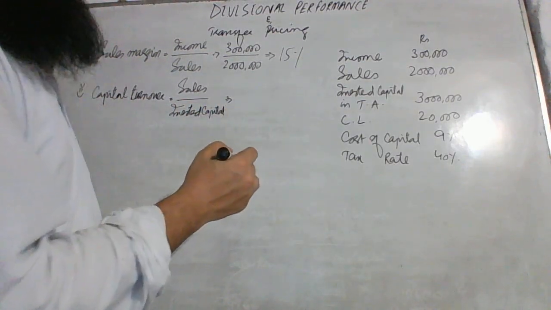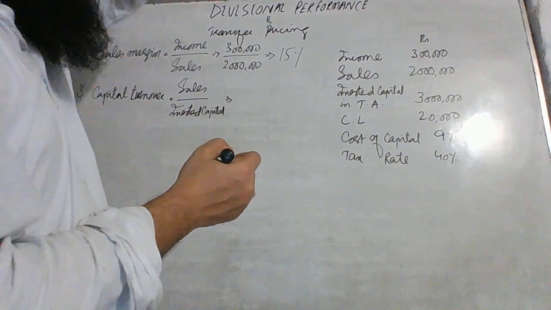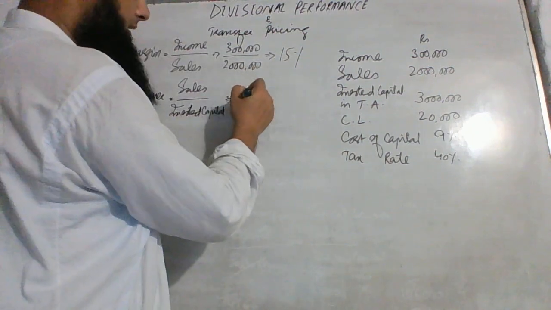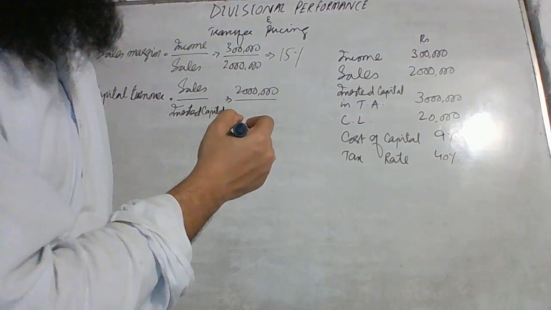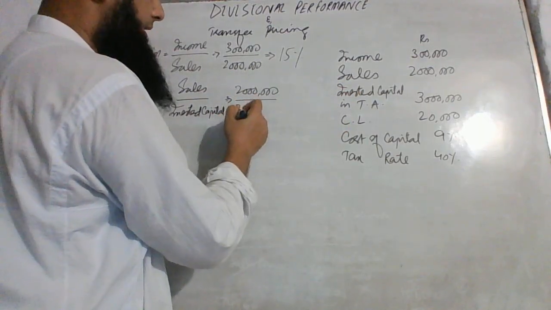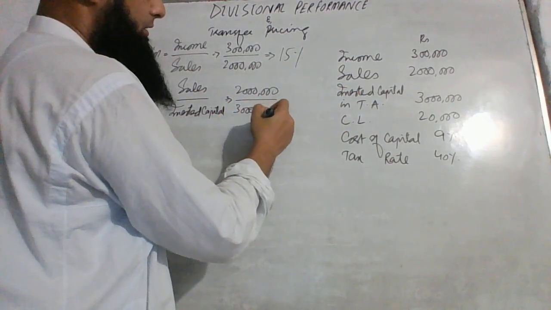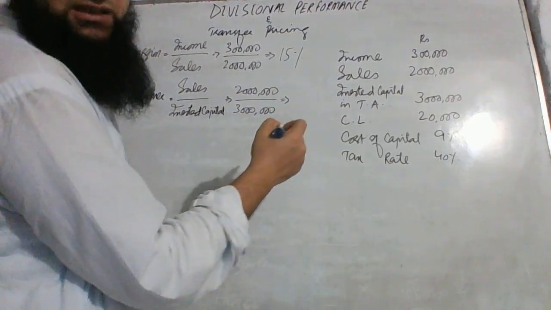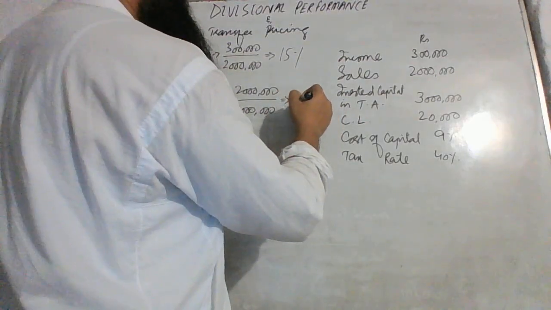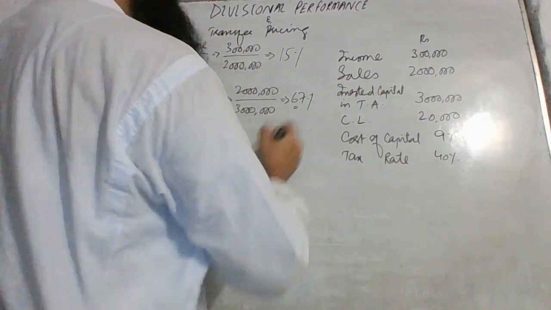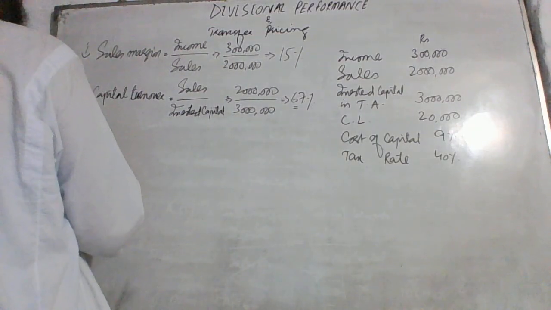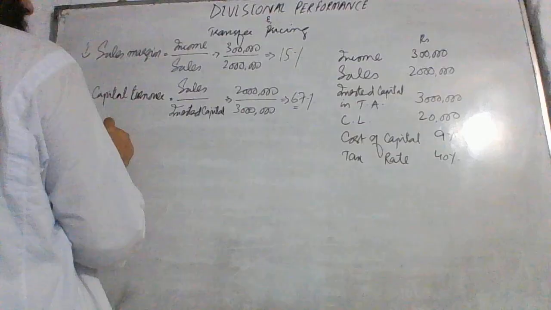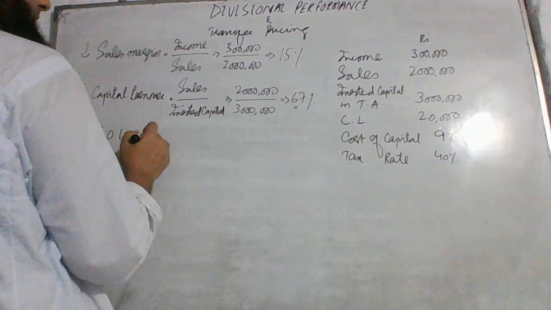The sales revenue is 2 million, while the invested capital amount is 3 million. 2/3 means 66% or 67%. It is capital turnover.